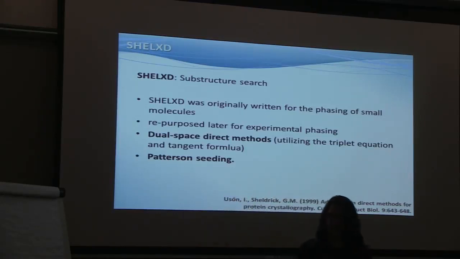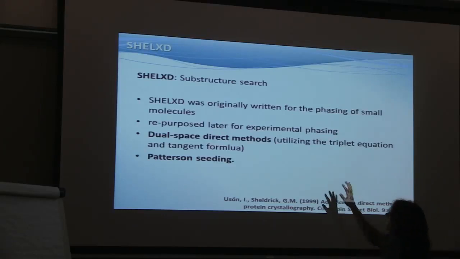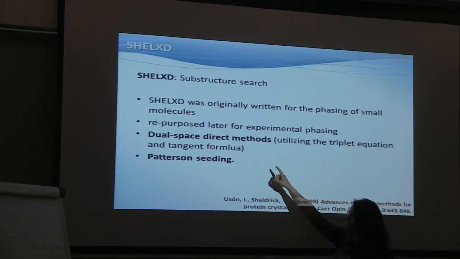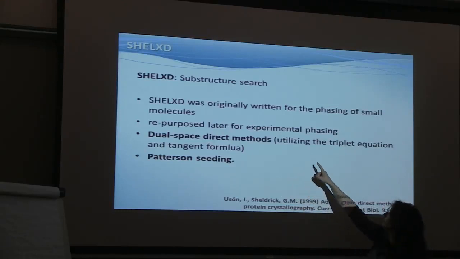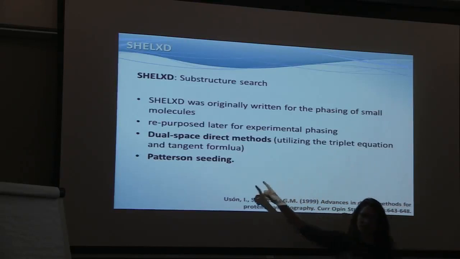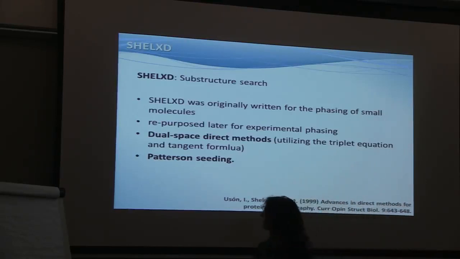It has then been abused by Isabel Usón to solve the substructure in macromolecules, and then became very famous for this. And today, SHELXC/D/E are also known as the macromolecular part of SHELX. It uses dual-space direct methods. I'll come back to that in a moment. And it utilizes the triplet equation and the tangent formula. It also uses Patterson seeding.